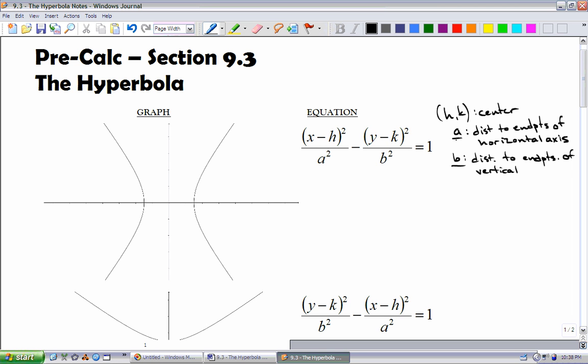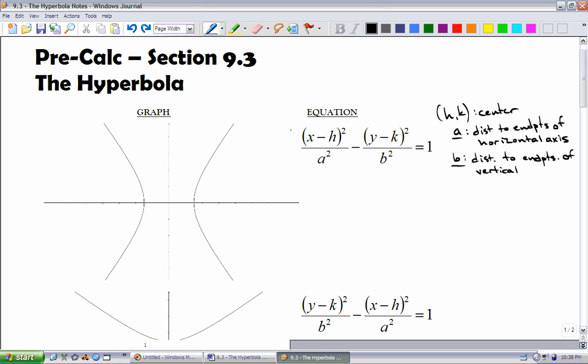There'll be one other letter that we'll talk about here that has to do with the foci, but let's take a look at this quickly here. Below, I have two different graphs and two different equations. The hyperbola can have two different equations, and it's based on which variable comes first. Now you'll notice in the first one here, the x comes first.